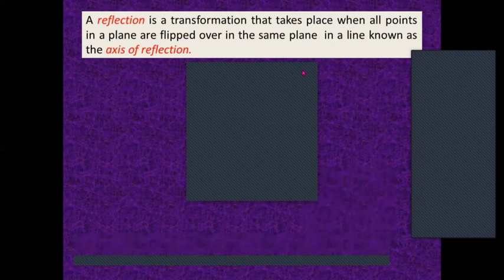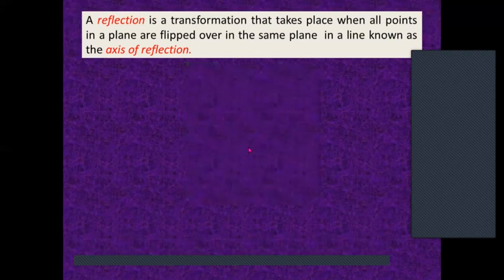When you look at the mirror, that is one kind of transformation. You as the original and the image on the mirror. So it is just the same concept with this transformation that undergoes reflection.